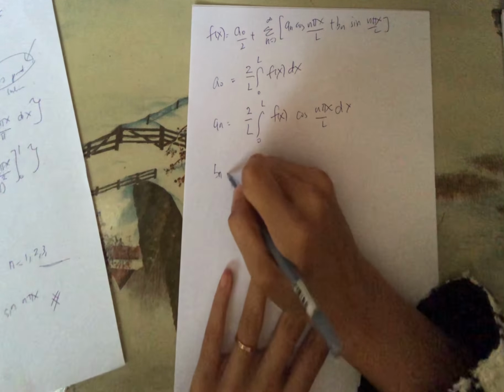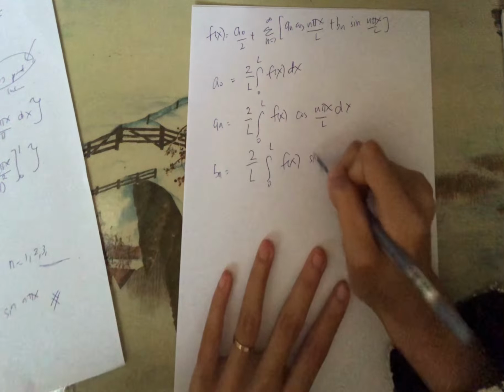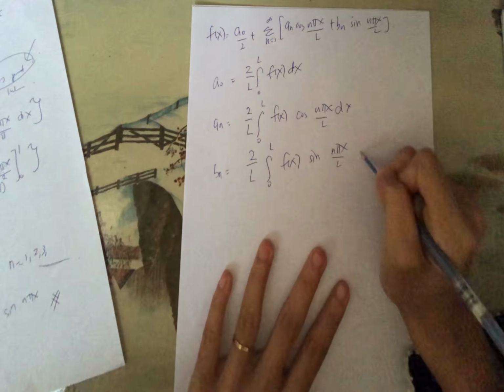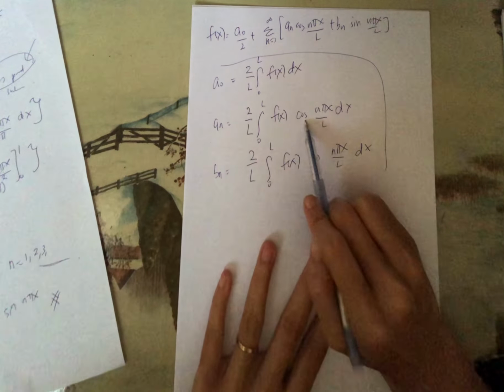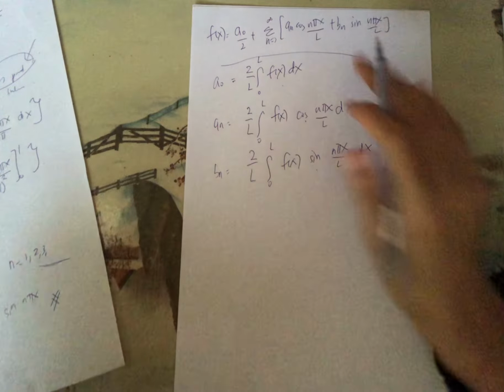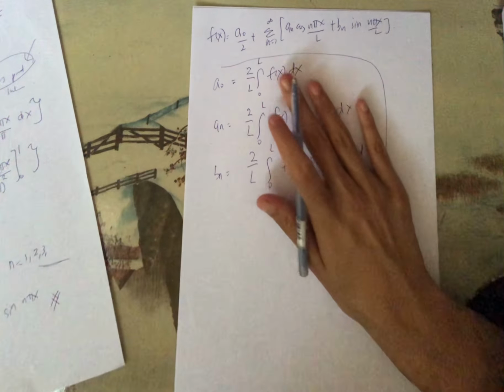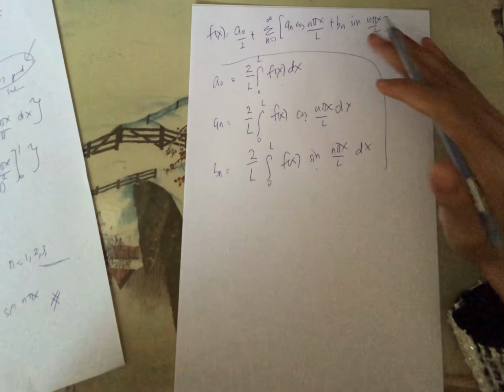The equation for bn is 2 over L, integral from 0 to L of fx sin n pi x over L dx. Can you see the difference? For an it is cos, for bn it is sin, and for a naught it is just fx.